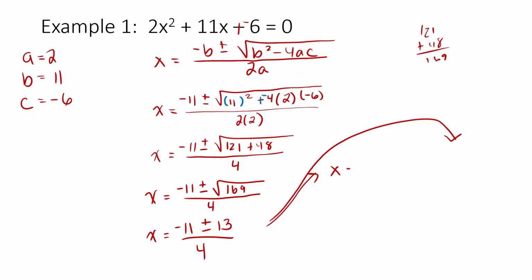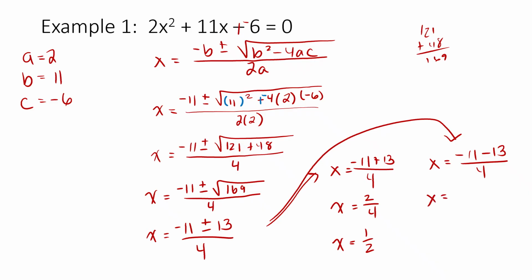So we're going to have x is equal to -11 plus 13 over 4, and x is equal to -11 minus 13 over 4, and keep going. So -11 plus 13 is 2, and 2 over 4 simplifies to 1/2, which we knew was one of our answers.